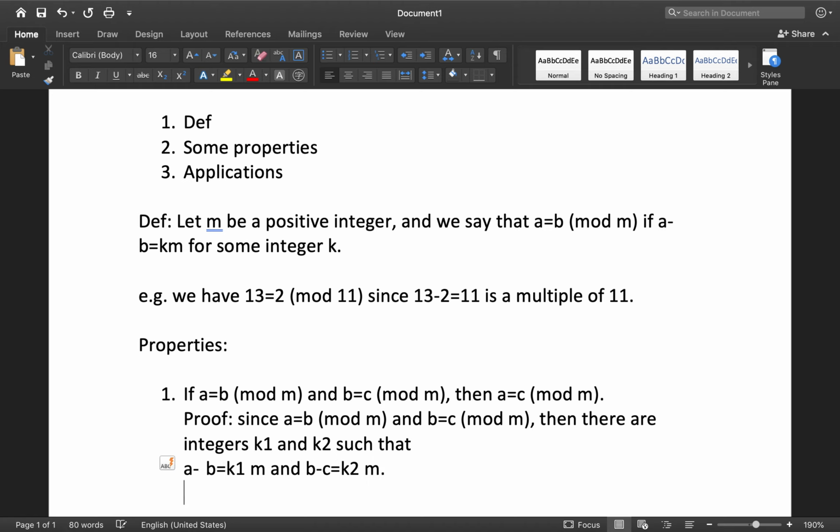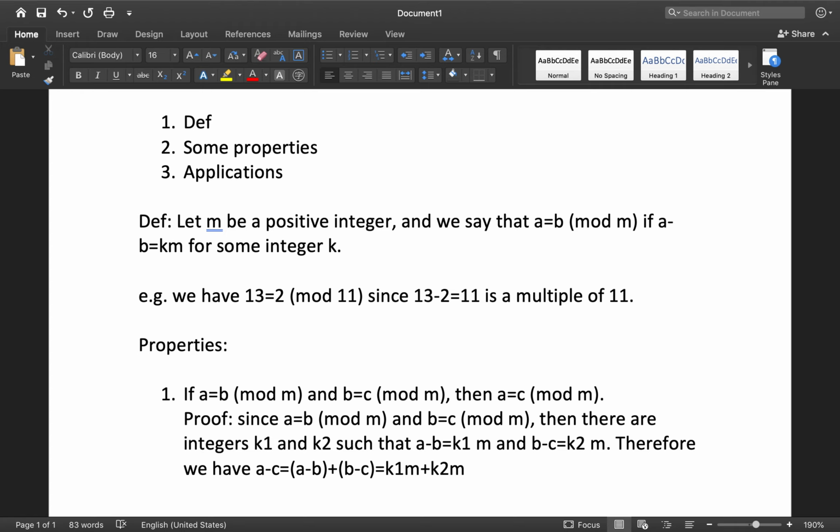Therefore, we can write a minus c as a minus b plus b minus c, and that is just the sum k1 m plus k2 m. With a simple factorization you get this expression.